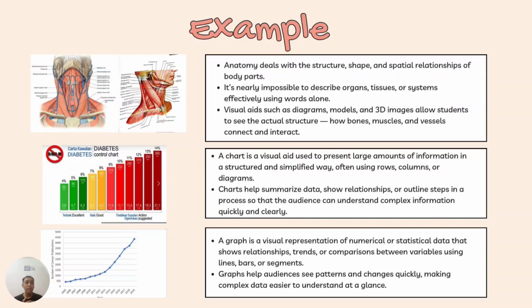Okay, example such as in anatomy, we deal with structure, shape, and relationship of body parts. So it's impossible for us to learn without just talking, and there is no picture to explain what we are describing. And also you have graphs and charts, right?